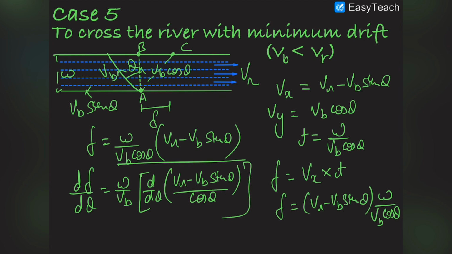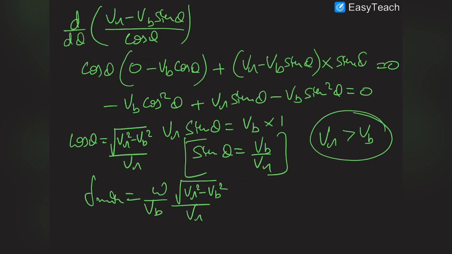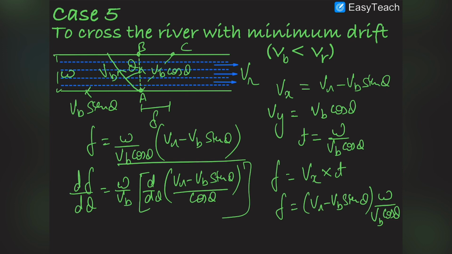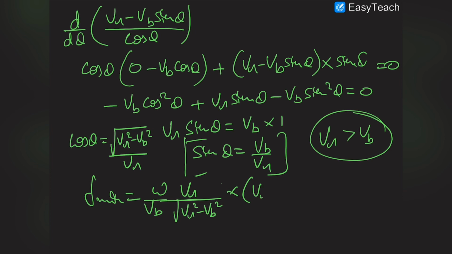Okay, in fact it is in the denominator, so I would write it in the denominator. So it would be VR upon under root of VR square minus VB square into VR minus VB sin theta. So it is VR minus VB into VB by VR.